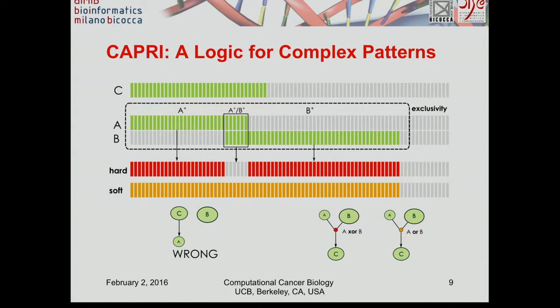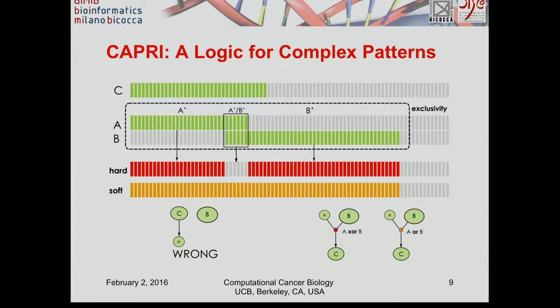Okay. This is a typical example. We have seen it somewhere in another talk before as well. It's the problem of deciding what happens when you have an overlap. Patient A has these alterations here, patient B, sorry, you see this alteration here, you see this alteration B in these other samples, and you have an overlap. So the question is, what kind of network can you infer given these measurements?